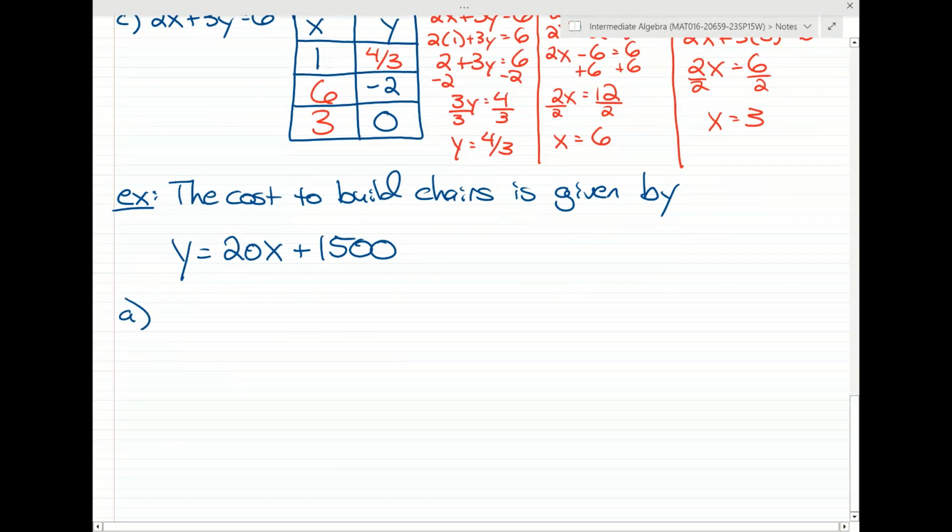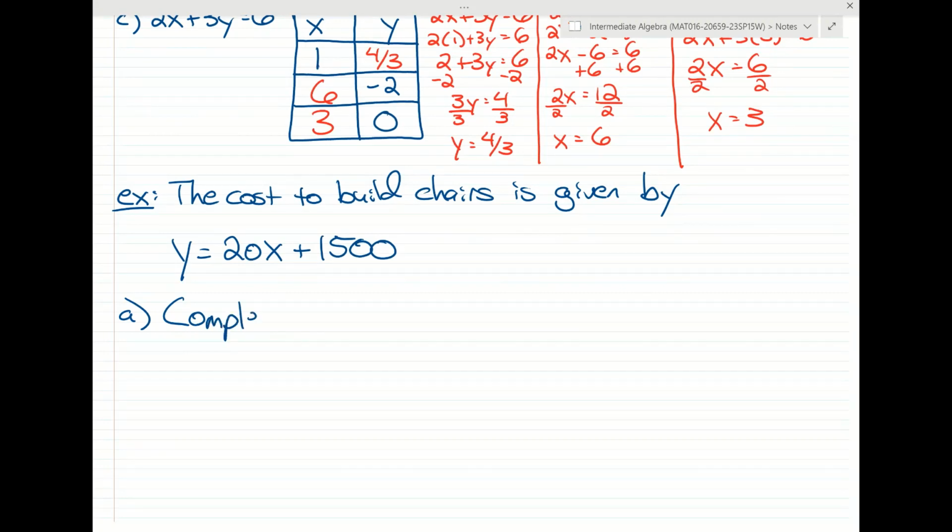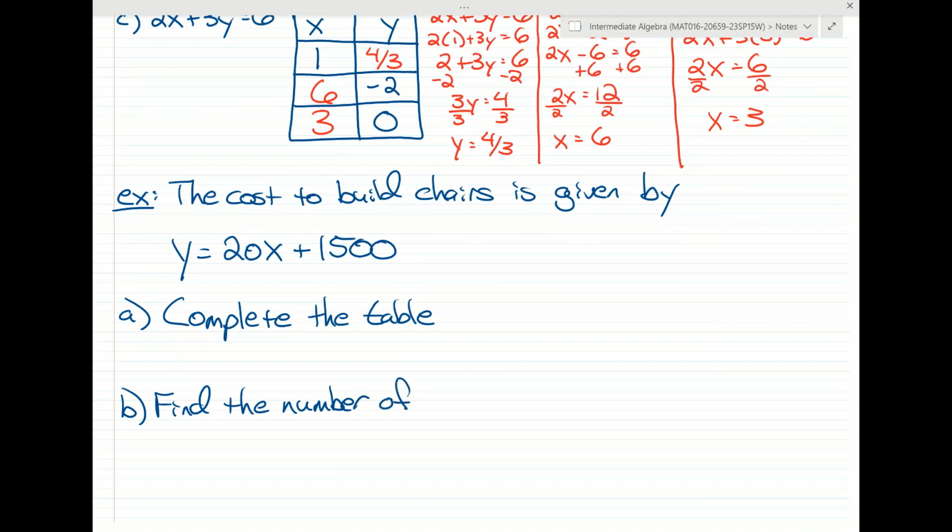And there's going to be 2 questions. The first question is to complete the table. And second question is find the number of chairs that can be made for $2,000.